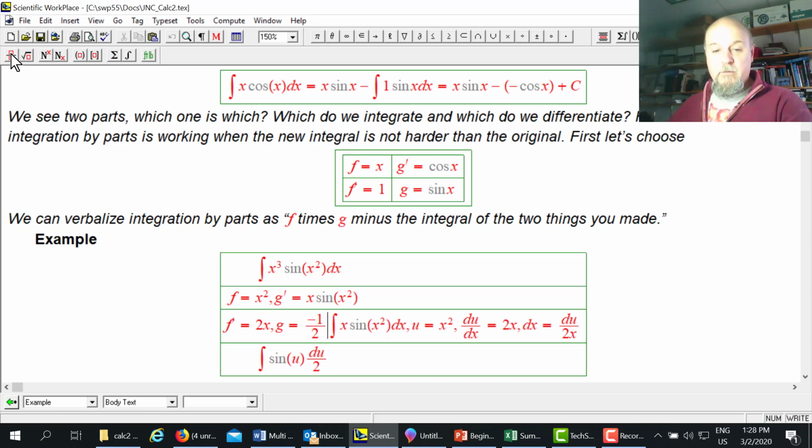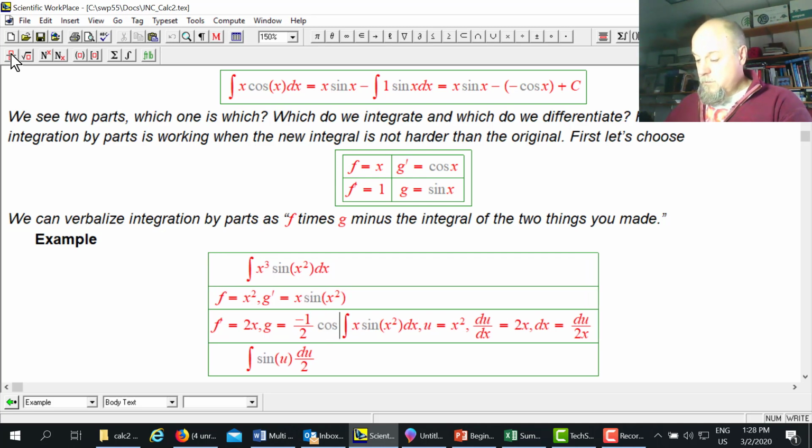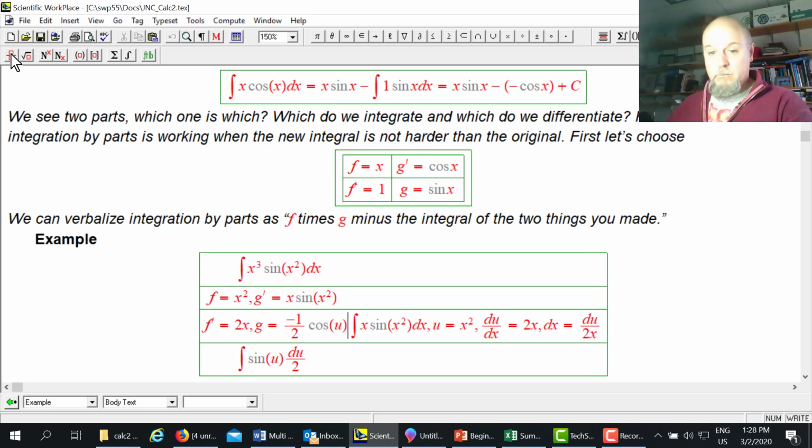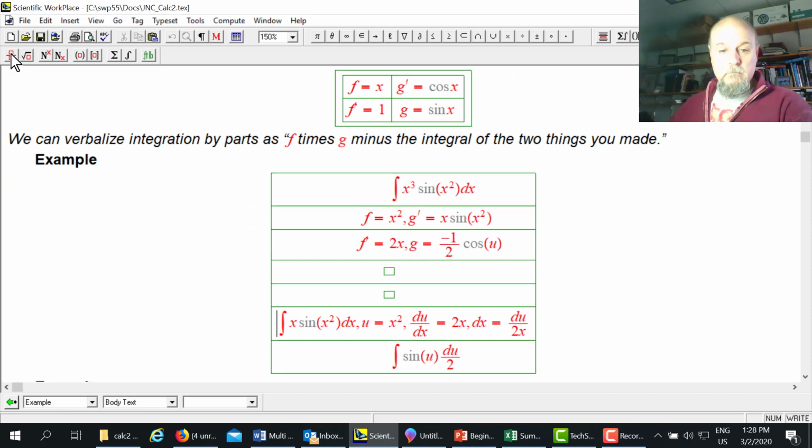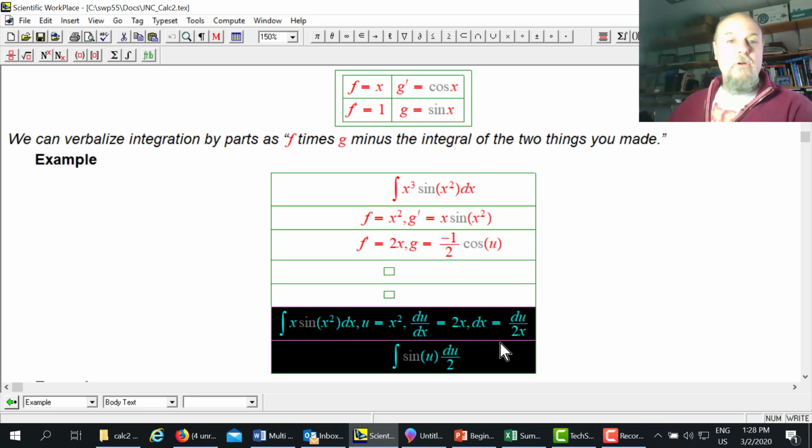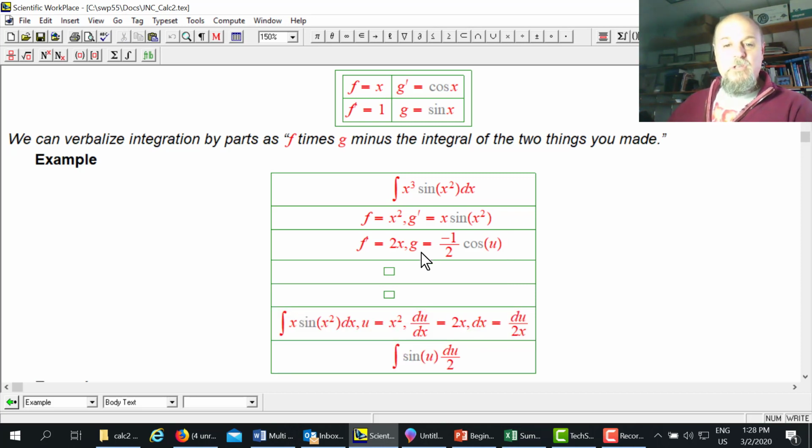so g becomes minus one half cosine u. Now I push this all down here, because this is something I'll have you check over. When we're doing integration by parts, it looks like I had this piece here, x sine x squared, and I integrated it kind of in my head. Let's check this out.